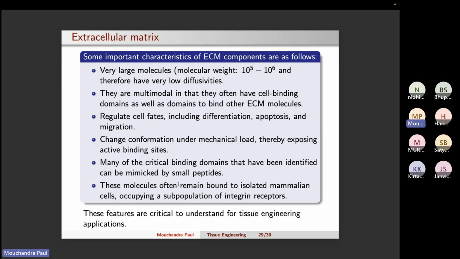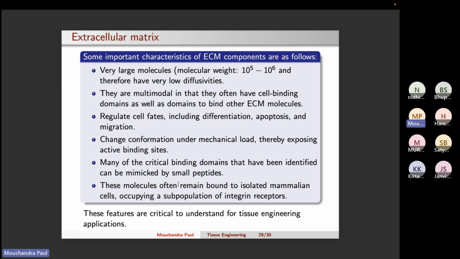For example, there is a small peptide called RGD peptide, which is composed of only 3 amino acids: arginine, glycine, and aspartic acid. So these 3 amino acids make this small peptide. If this RGD peptide is there in your biomaterial scaffold, it has been shown that the cells can firmly adhere to the substrate.